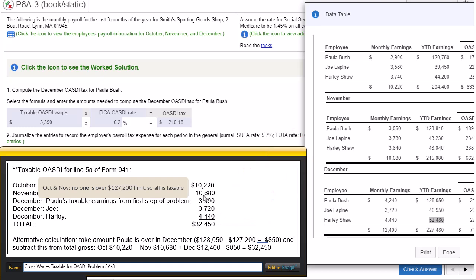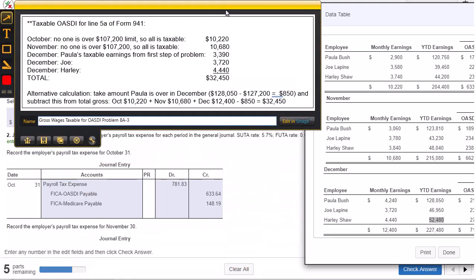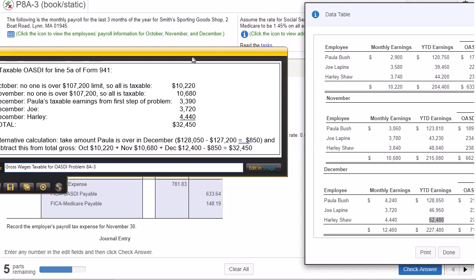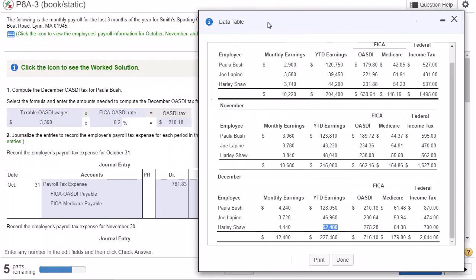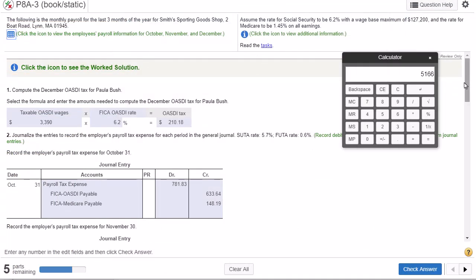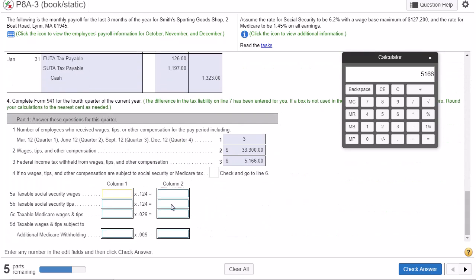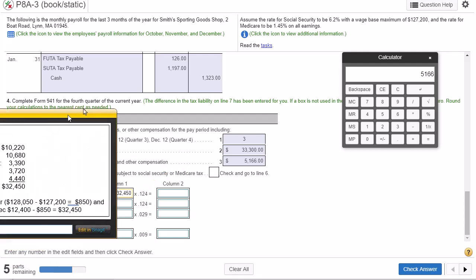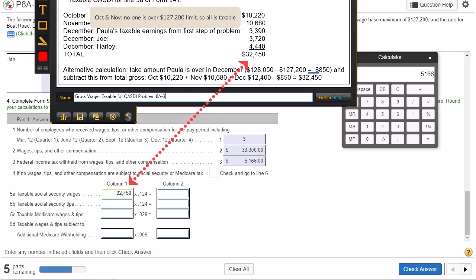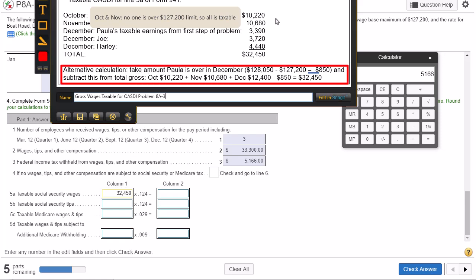So I'm going to take the $32,450 and then plug it into the 941. Again, that number came from this calculation. And there's an alternative calculation if you like doing that, but most students understand this basic calculation better.